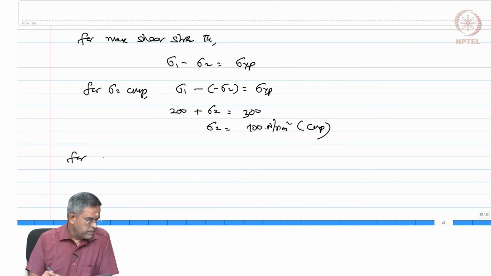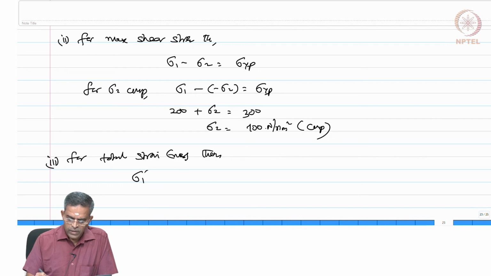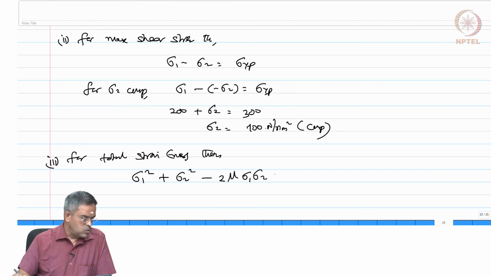For total strain energy theory, this is 2. The governing equation is sigma 1 square plus sigma 2 square minus 2 mu sigma 1 sigma 2 is sigma yp square. Please check the governing equation.